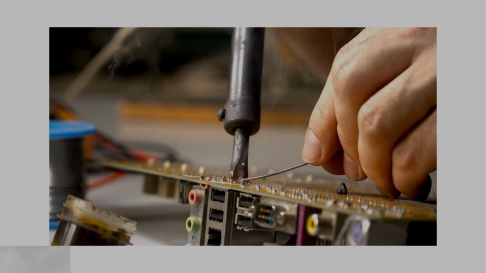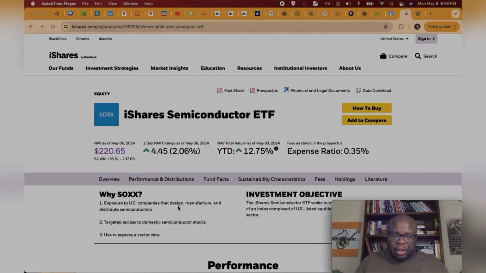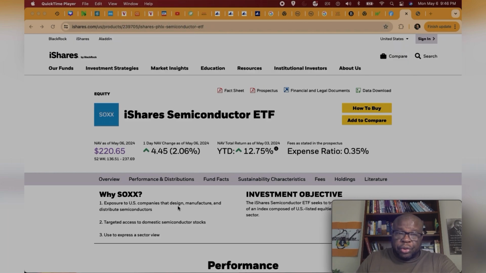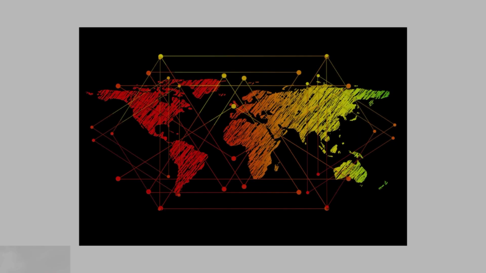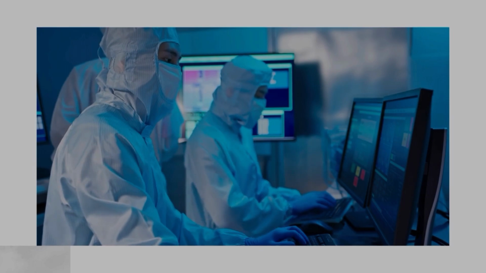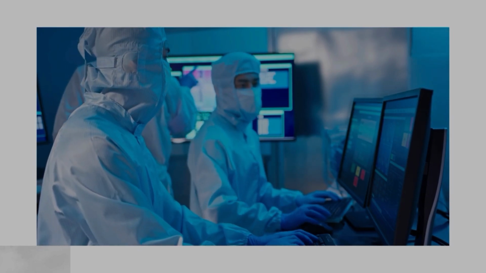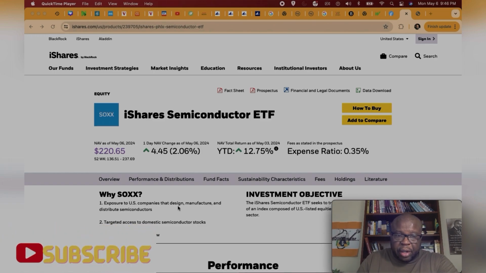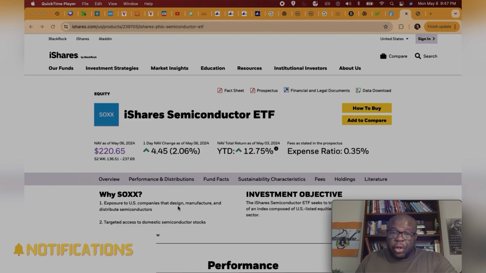You can invest in other semiconductor ETFs such as ticker SMH, which is a VanEck semiconductor ETF, which would give you exposure to not just US companies involved in this space, but also foreign companies such as Taiwan Semiconductor. You can invest in other semiconductor ETFs that give you exposure to foreign companies doing the same thing if you like.